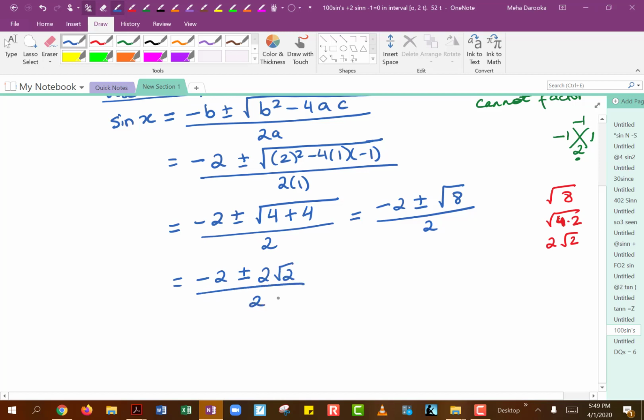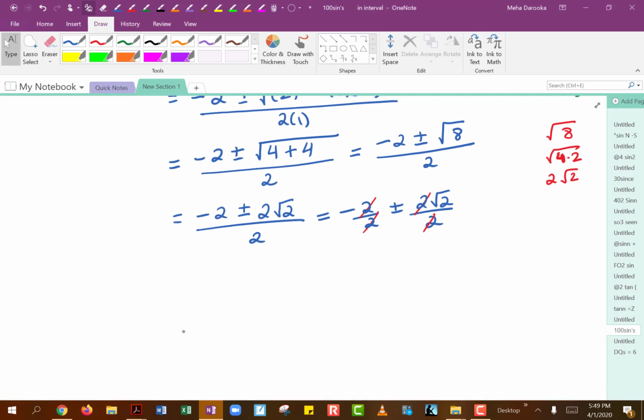Clean this up. I'll take this 2 and divide it into the -2 plus or minus, and also divide it into 2 square root of 2, and it will be easier to see how these cancel out, giving us -1 from the first term, and then plus or minus square root of 2 from the second term.